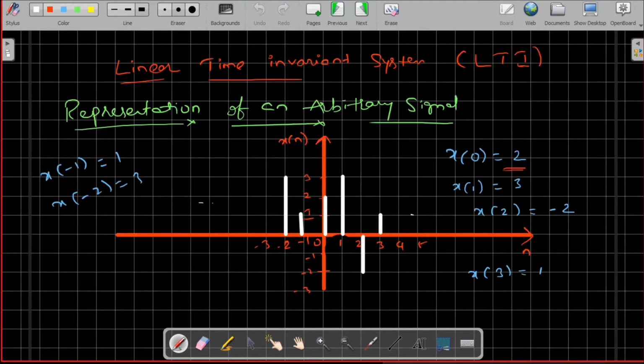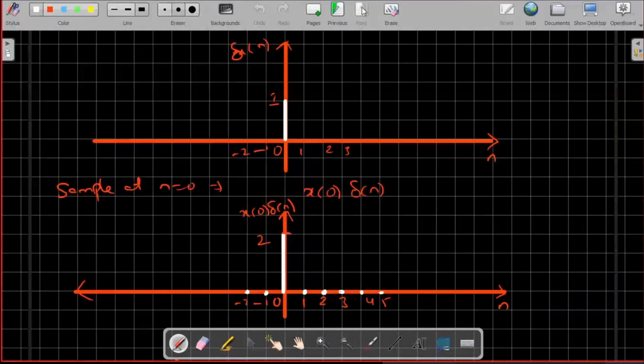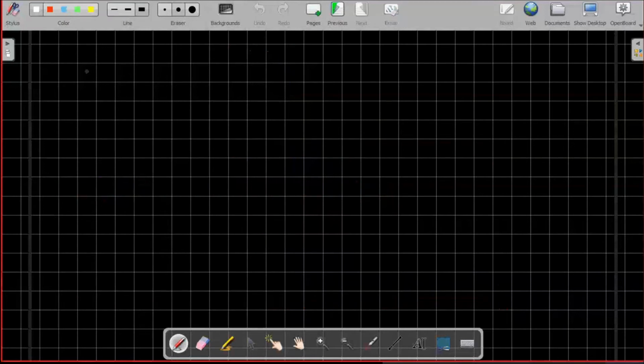Similarly, represent the sample at n is equal to 1 as a function of the impulse signal. Okay, that is simply, the sample at n is equal to 1 can be represented as x of 1 into del of n or del of some other value. So I need the impulse signal at n is equal to 1.